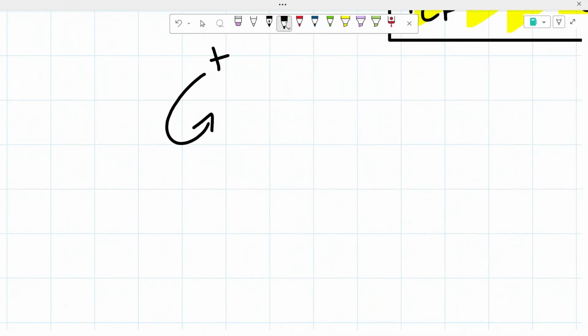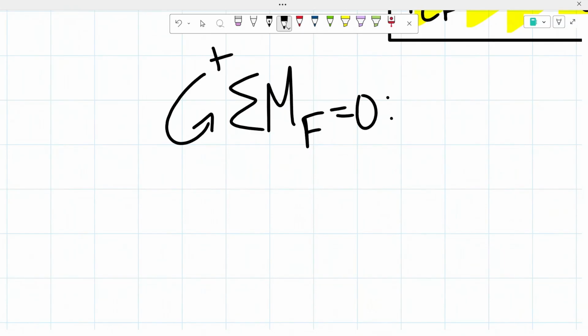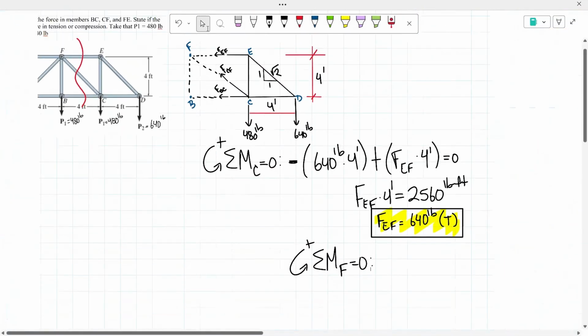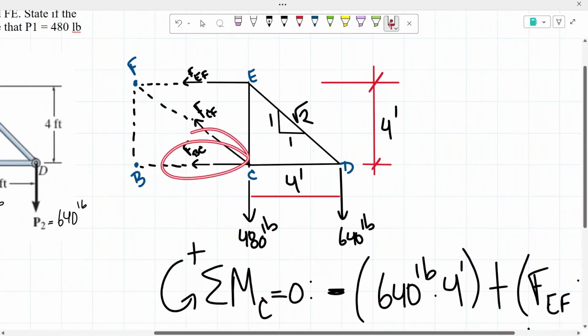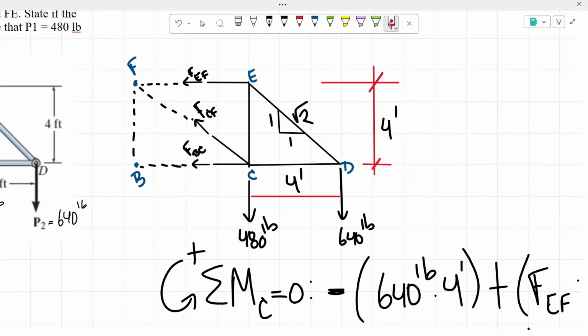So counterclockwise positive, the sum of the moments about point F has to equal 0. From there, we said we only have three forces creating a moment. So first, we have our force of our bar BC, which we assume is going to be in tension, so away from the joint.